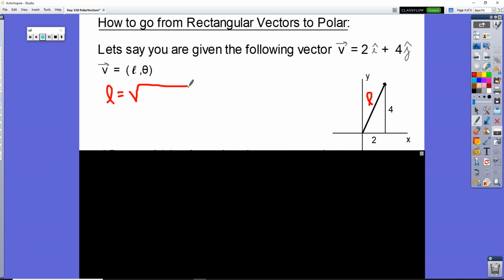So we're going to take the square root of the horizontal leg, so 2 squared, and add that together with the vertical leg squared, so 4 squared. So here my total length turns out to be the square root of 4 plus 16, which is 20, underneath the radical. And of course, you're going to simplify that for me, so that's going to be 2 radical 5.